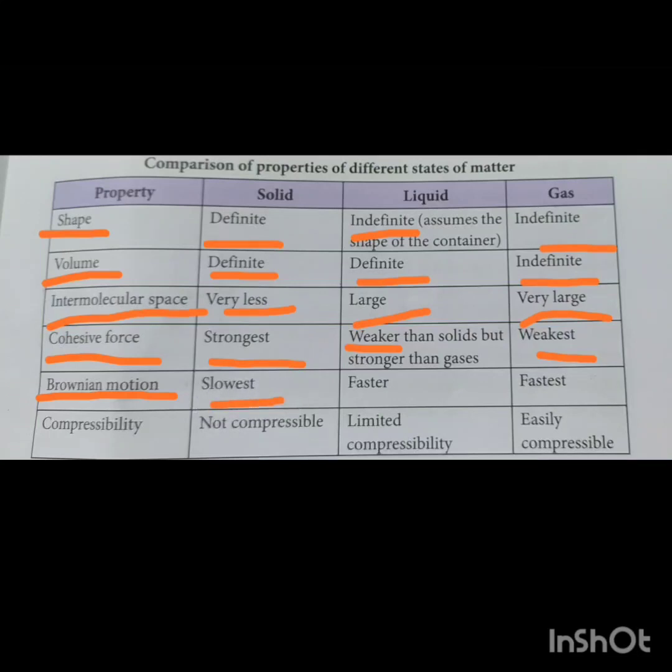In liquids, it is faster compared to solids. And gases have the fastest Brownian motion. Next property, compressibility. Solids are not compressible. Liquids have limited compressibility and gases are highly compressible.